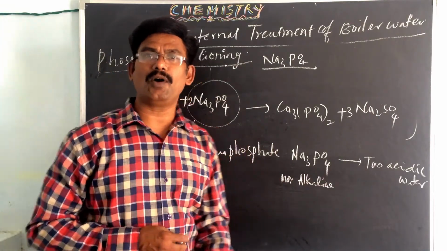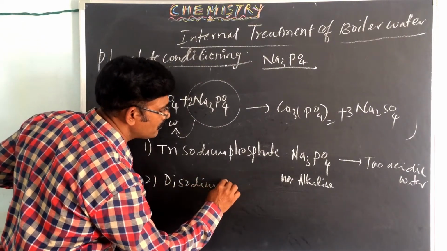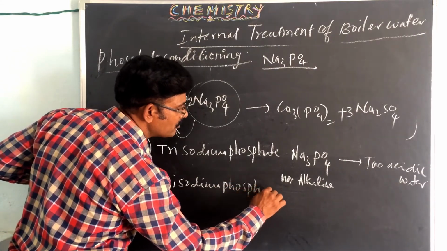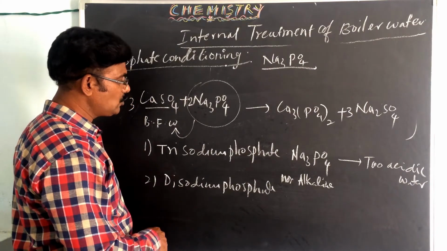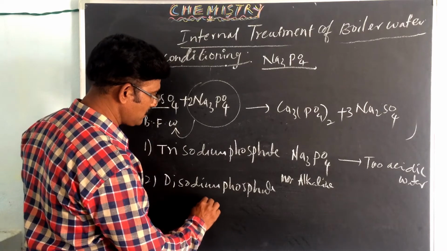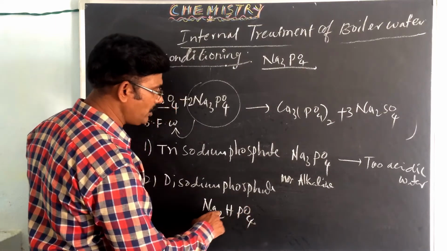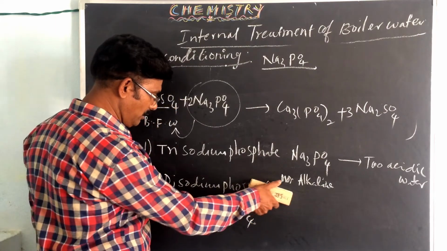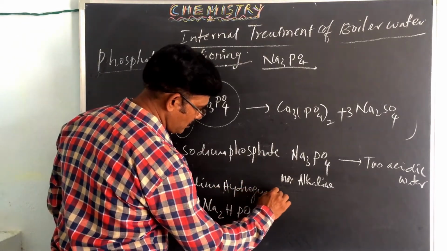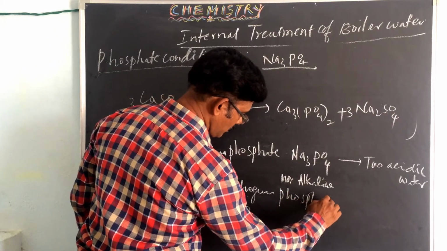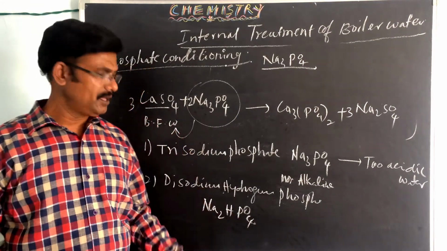Next, the second one is disodium phosphate, disodium hydrogen phosphate, Na2HPO4. You can write it as disodium hydrogen phosphate.